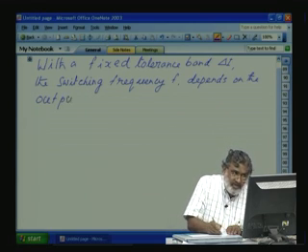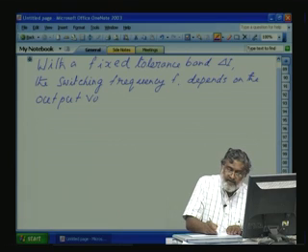Here we have represented in our figure as AC, output voltage AC.